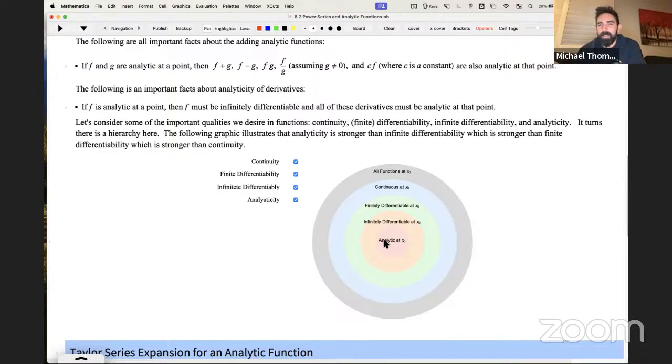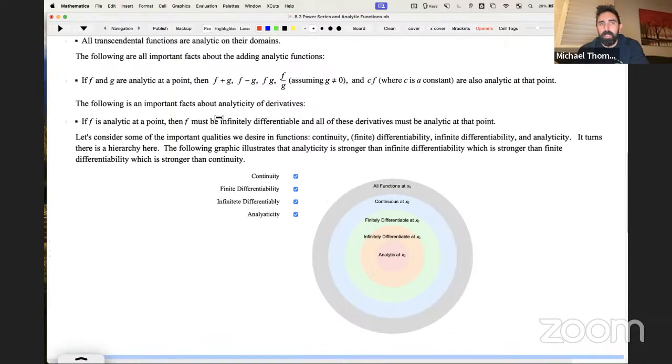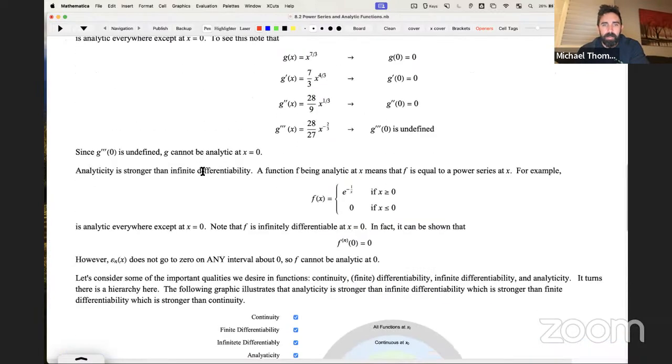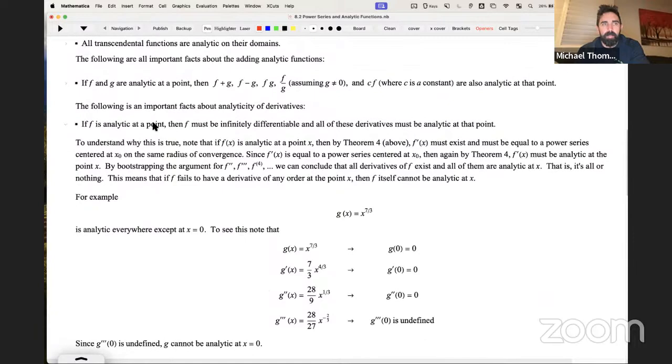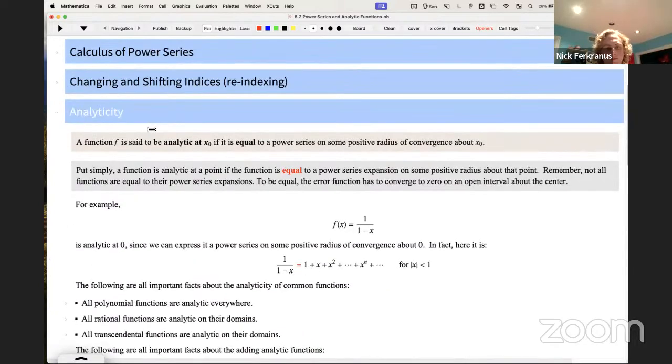So this is the best, well-behaved type of function. Analytic functions can be expressed as power series with positive radii of convergence. I'll let you work through any of the details in there if you're interested. Is that okay so far?